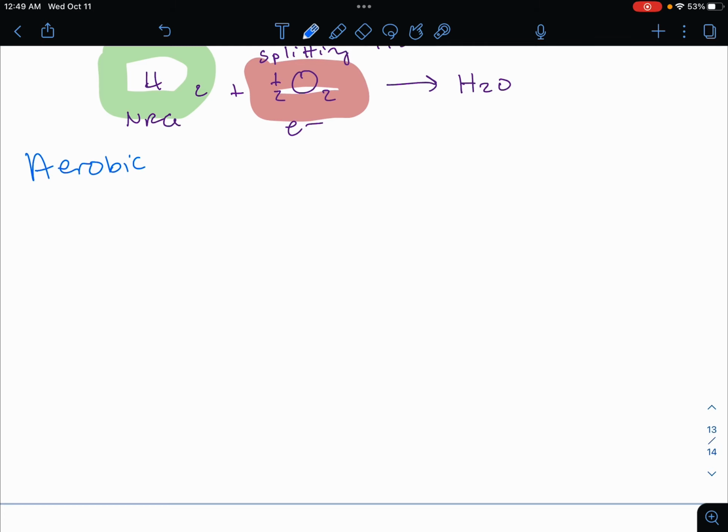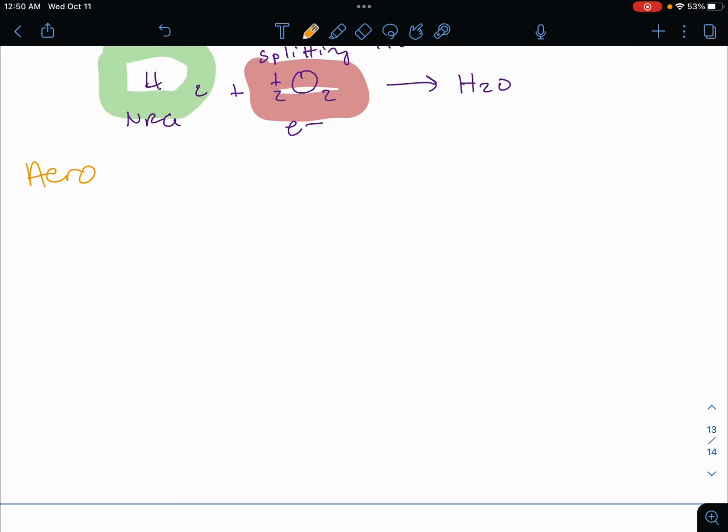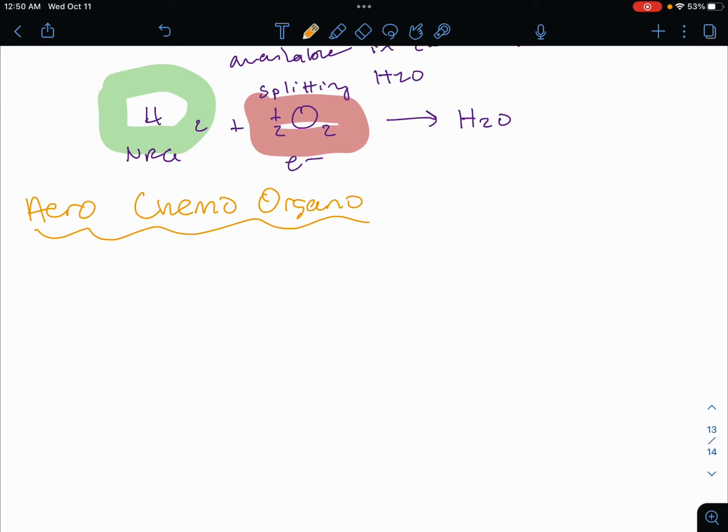I think I already used blue, didn't I? Let's use orange. This one I will be just underlining instead of highlighting so it's easier to see. Again, aerobic, oxygen is the terminal electron acceptor.